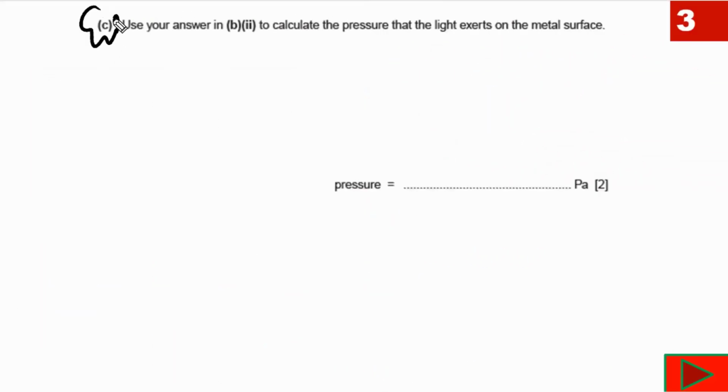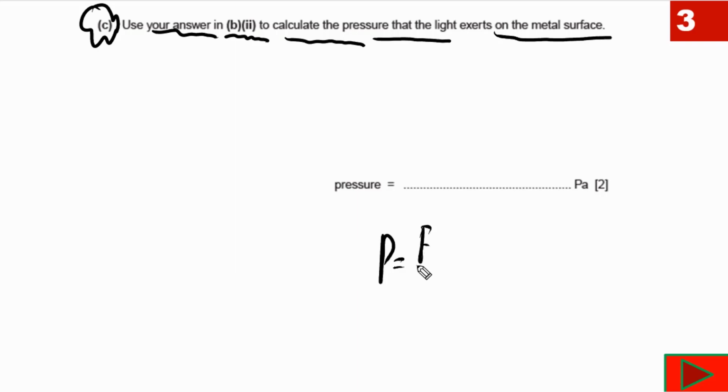For part C, we simply need to use our answer in B2 and calculate the pressure exerted by the light on the metal surface. Pressure we understand is equal to force over contact area, or simply over area.